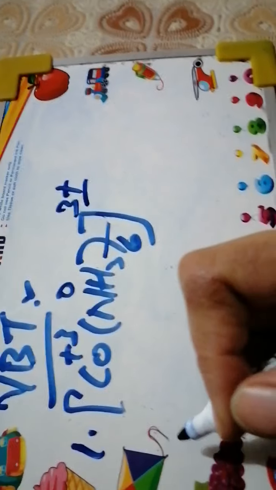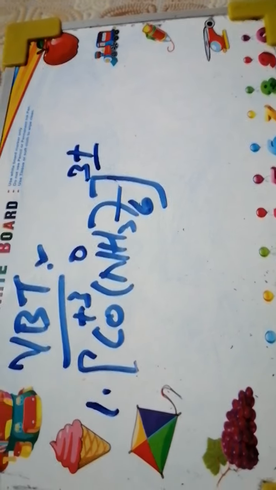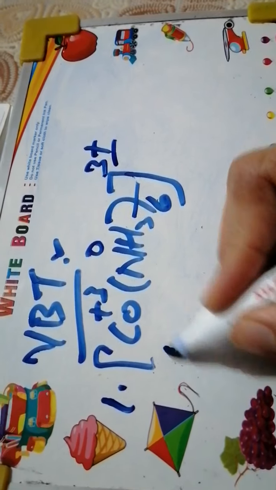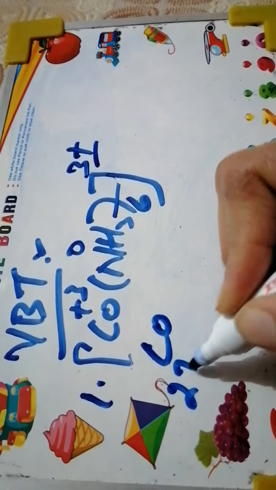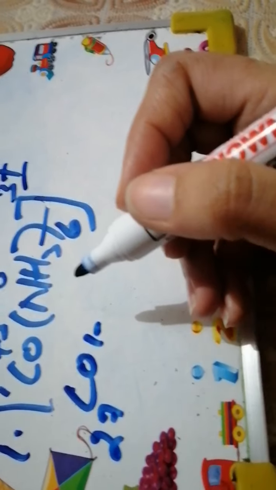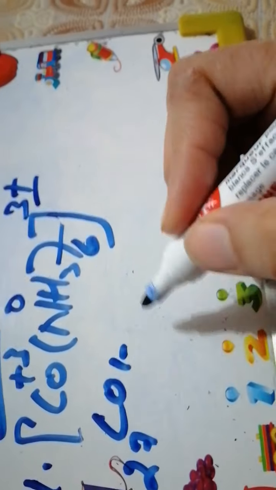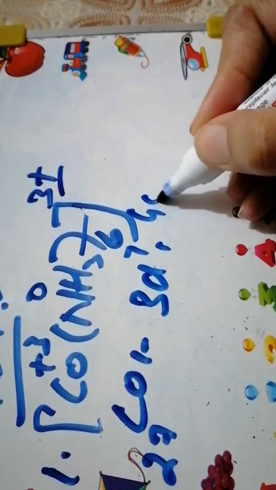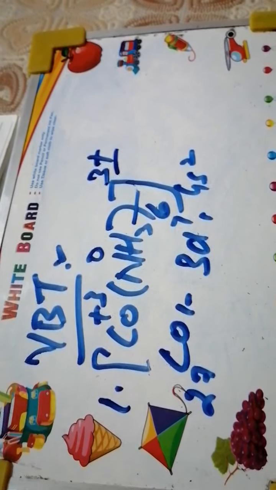Okay, now step 2 is you need to write the electronic configuration of it. For electronic configuration, cobalt has atomic number 27, I guess. Yes, right? So 27, so it is 3d7 4s2, right?